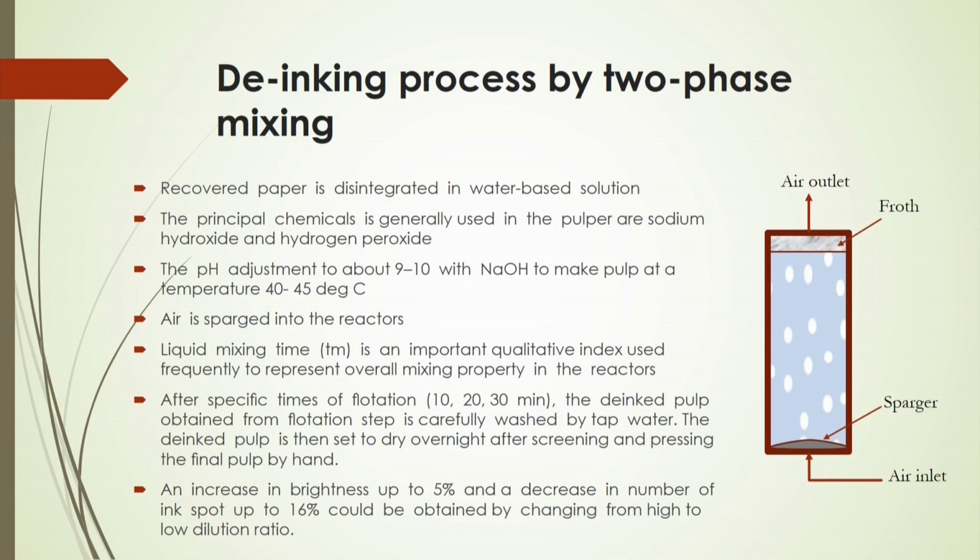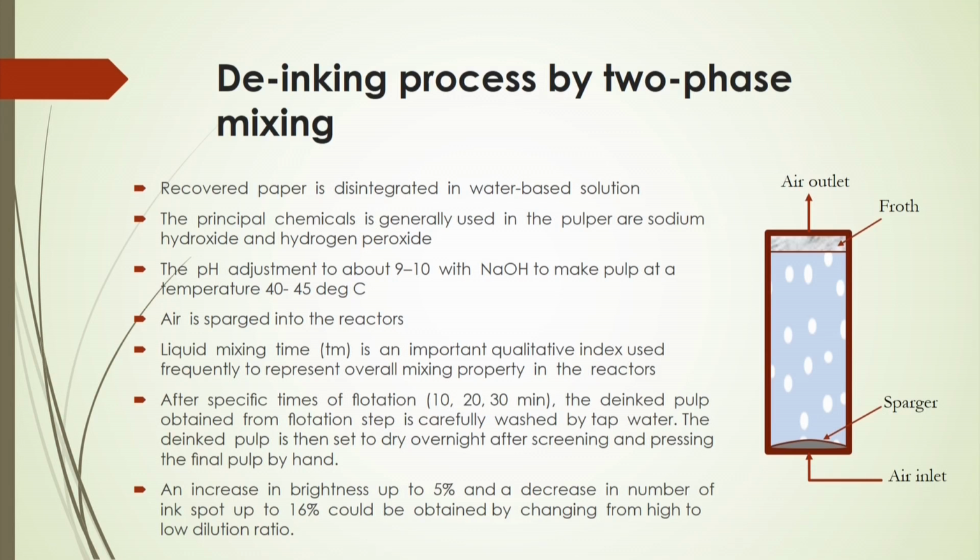It is generally by the residence time distribution technique, by which you can get how long the liquid will reside inside the column. That is denoted by the mixing time, one important qualitative index frequently used to represent the overall mixing property in the reactors.